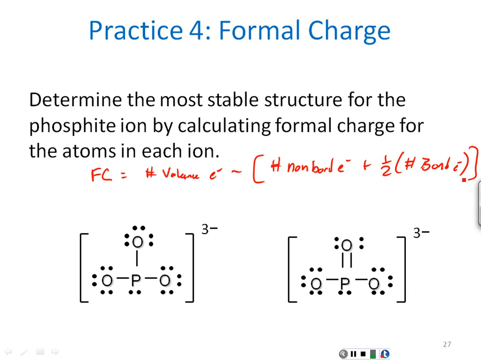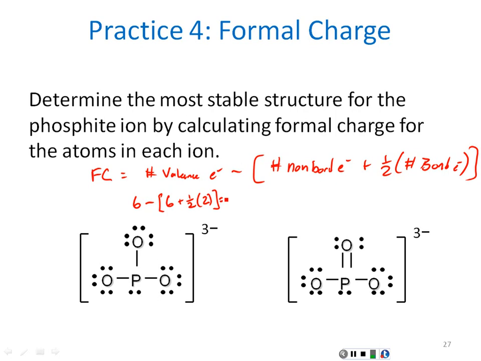If we look at this structure on the left, the oxygens, they're all three the same. So the formal charge on oxygen would be 6, that's the number of valence electrons oxygen has, minus the quantity 6, that's the number of non-bonding, plus 1/2 of 2, number of bonding.